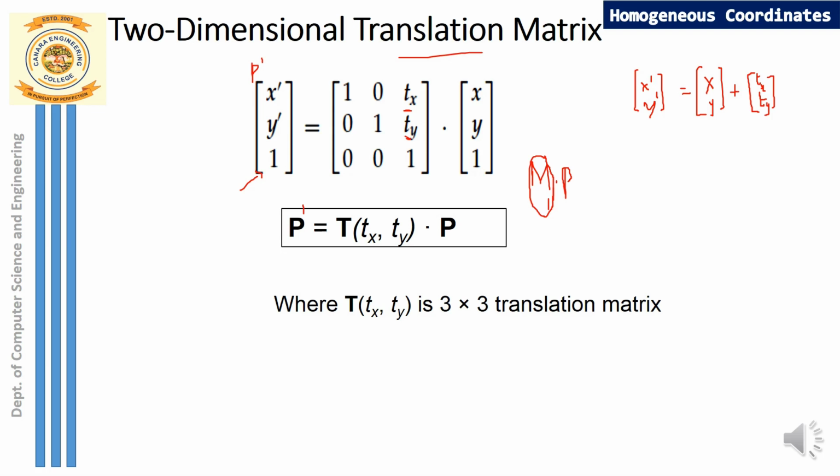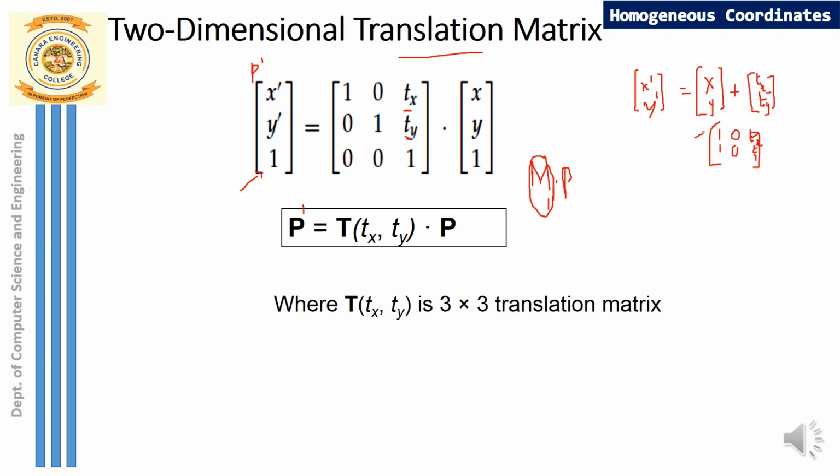As you already know what a translation matrix is, how do I write this in the form of a matrix? The x component is 1, and then the next element is 0, and now this is the translational parameter along x, so 1 0 tx. Then for the y coordinate, it's 0, 1 and then the translation along the y axis, ty.